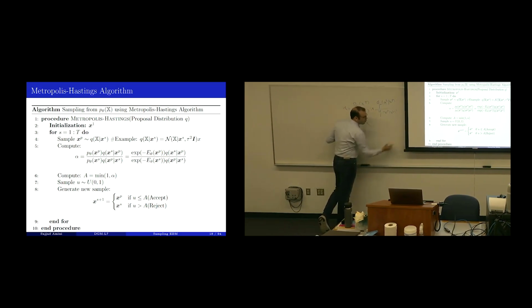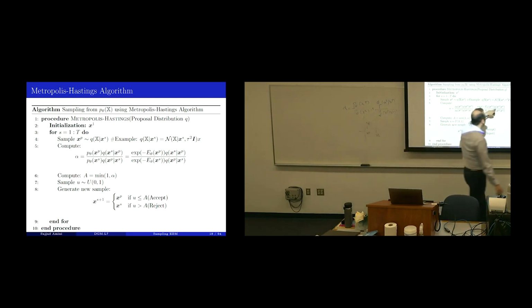This is xp, and this is, for example, xs. Then there may be problems with the Q distribution giving higher probability to xp because of the proposal distribution. So this term corrects that part.